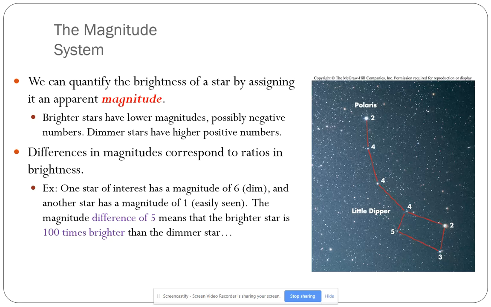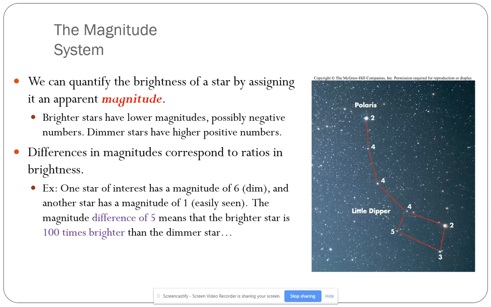A scientist decided to name the magnitudes of the stars. And the brightest stars were first magnitude stars. And then the ones that were a little dimmer were second magnitude stars. A little dimmer still third, and you get down to the faintest ones that you could see with the eye would be like a 6th magnitude star.